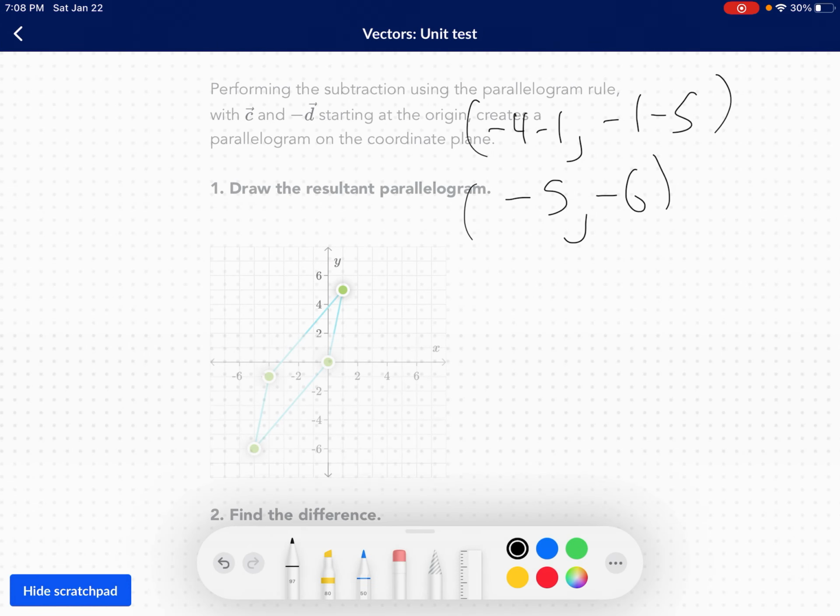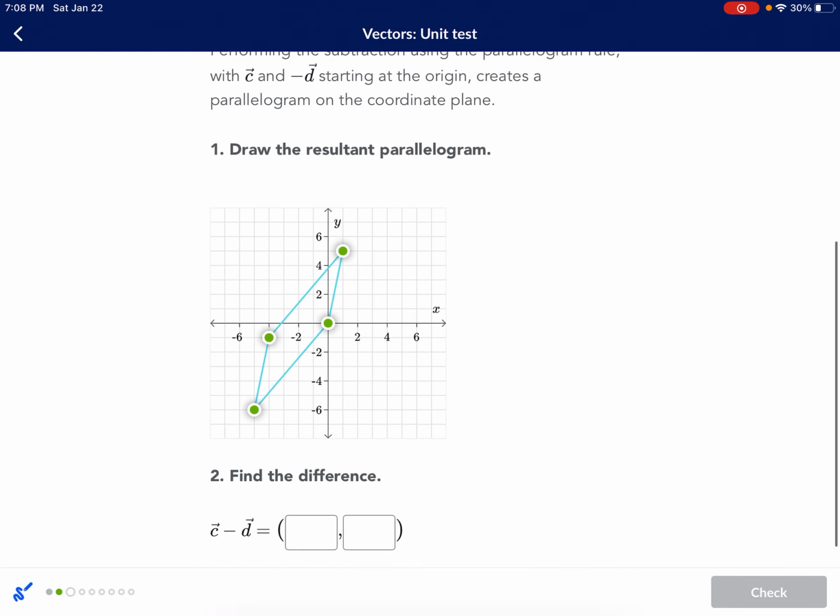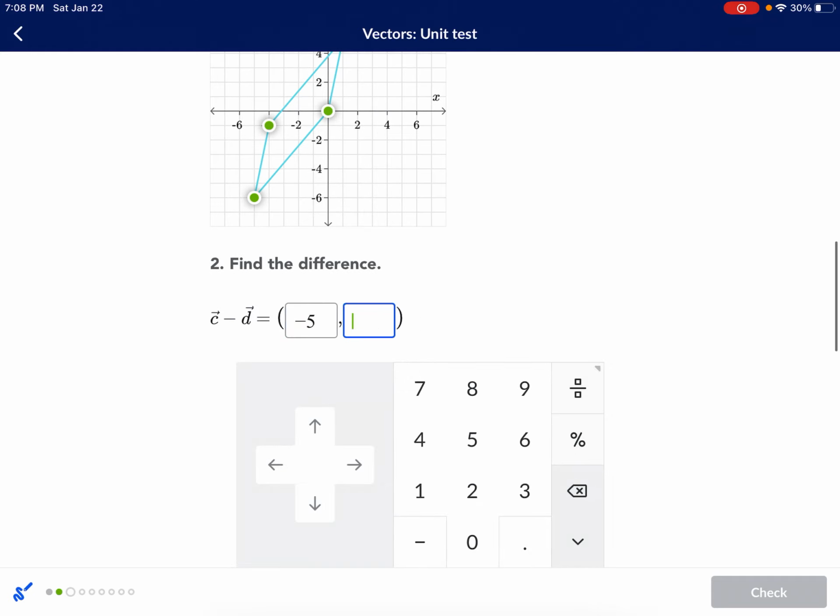And we already found the difference. It's negative 5, negative 6. We just calculated that.